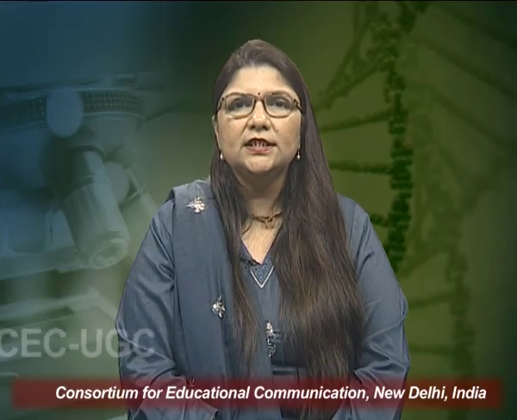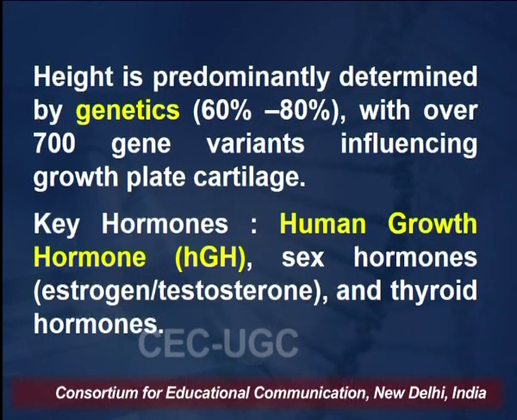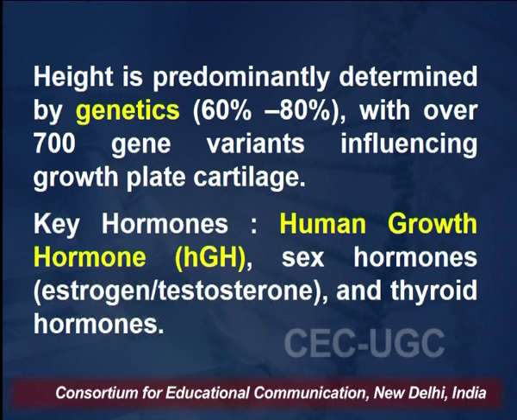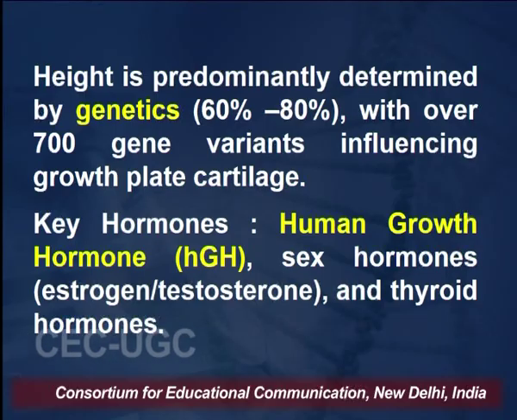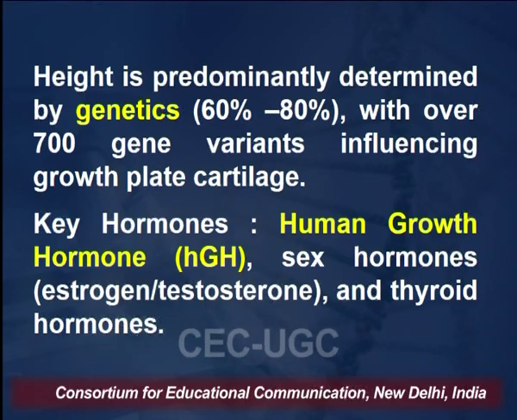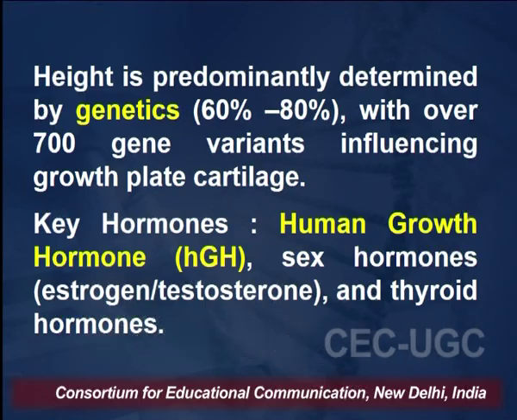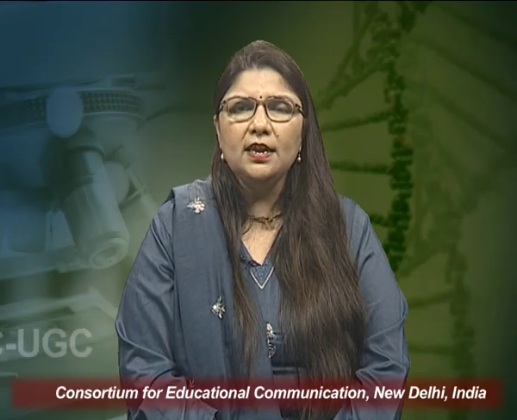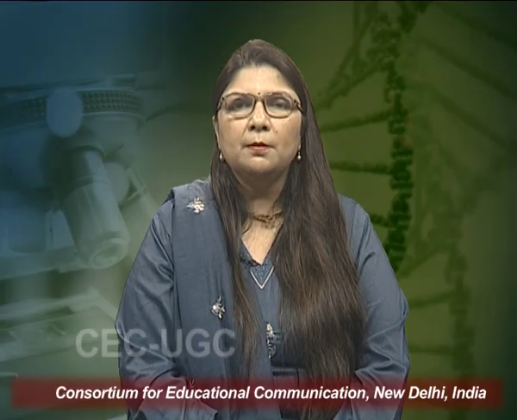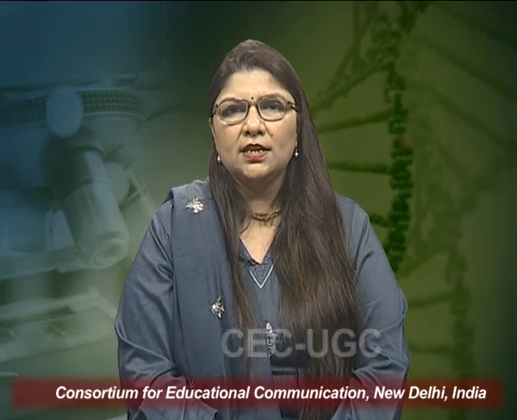Height is predominantly determined by genetics, 60% to 80%, with over 700 gene variants influencing the growth plate cartilage. You can refer to the polygenic inheritance lectures, where many genes additively contribute a small amount and give rise to the variations in height.